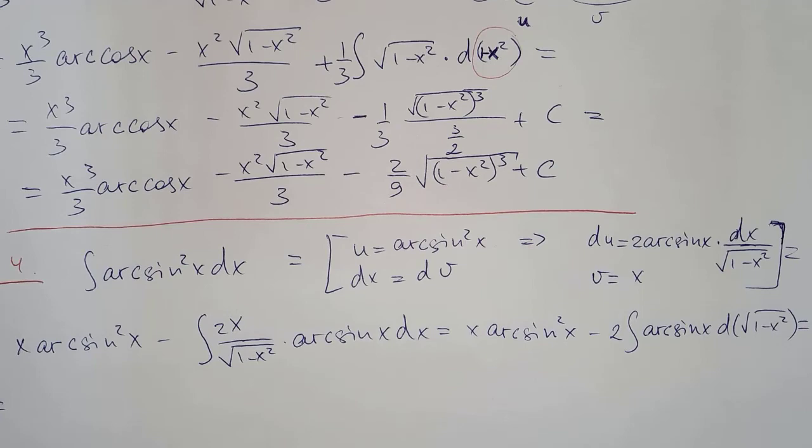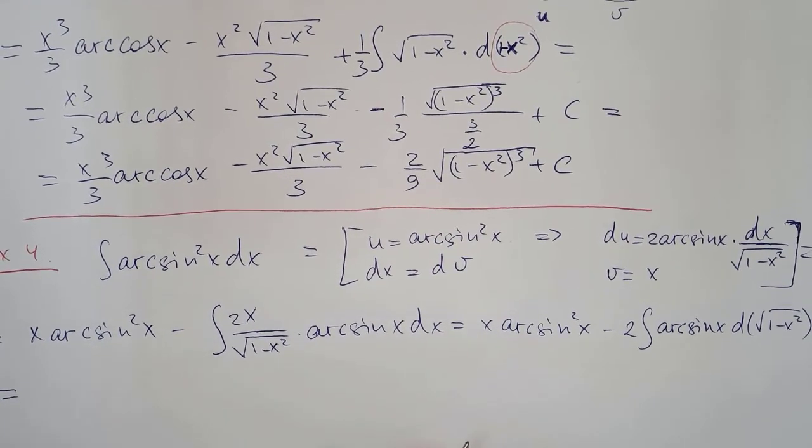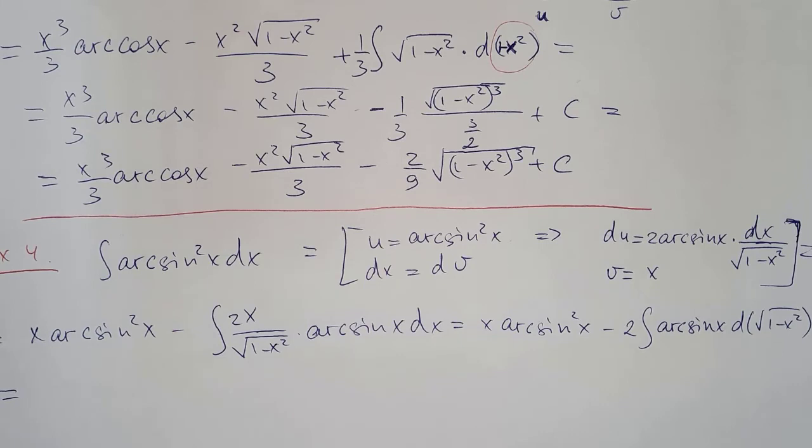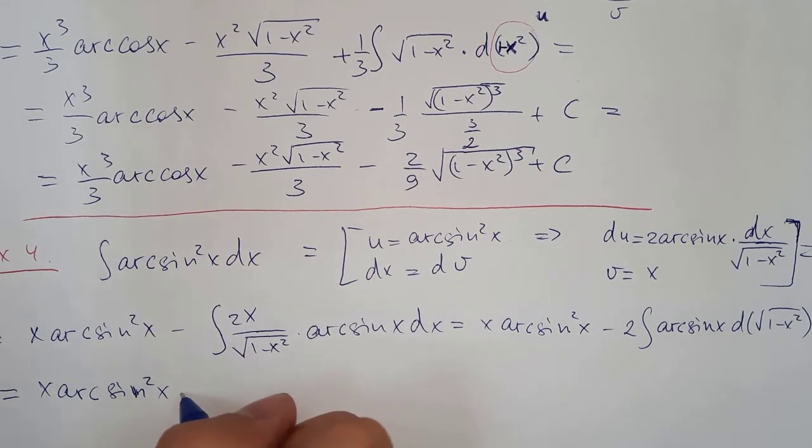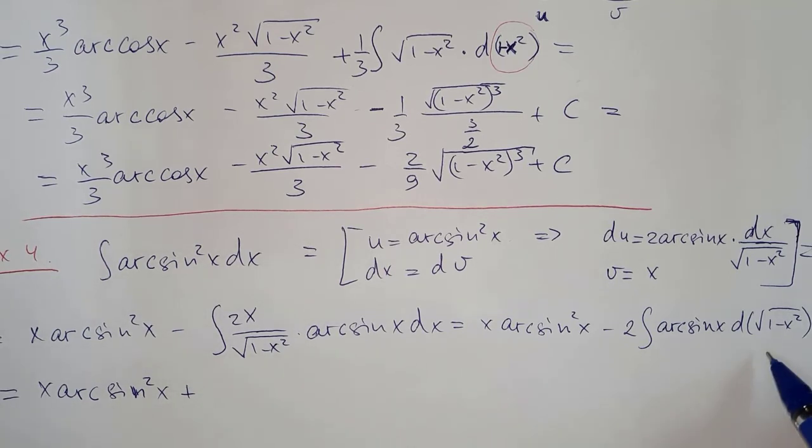Let's continue it. So we need to use integration by parts one more time, and we have the next function. So x arc sine square x plus, in the middle it will be plus because the differential will be with minus, so here will be plus.